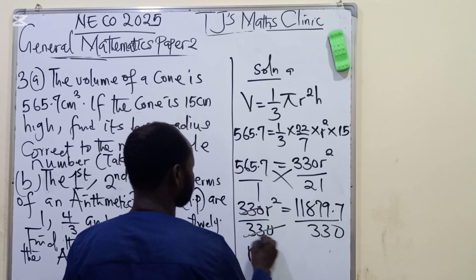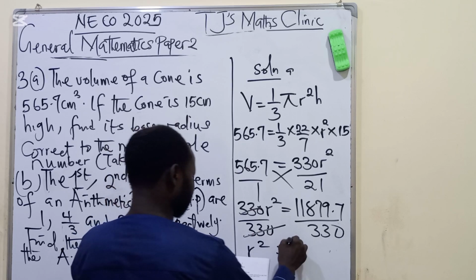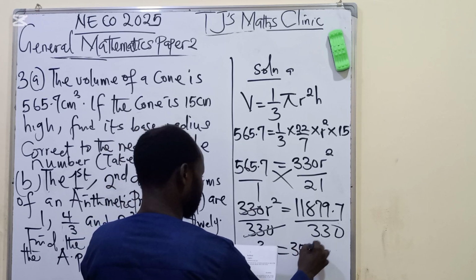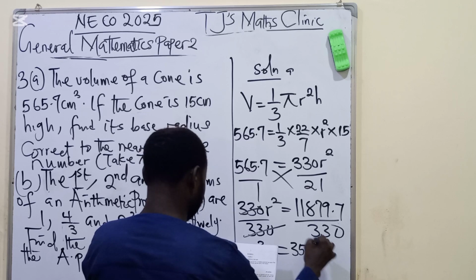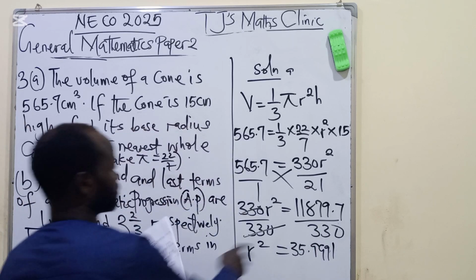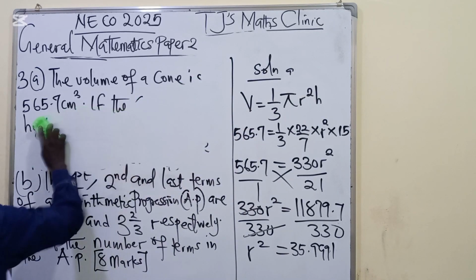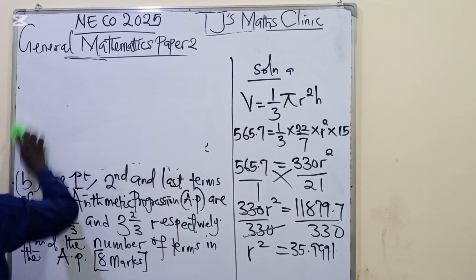What will be our r square? Dividing by 330, we have 35.991. So to find r, we take the square root of both sides, and we leave our answer to the nearest whole number. Very important.